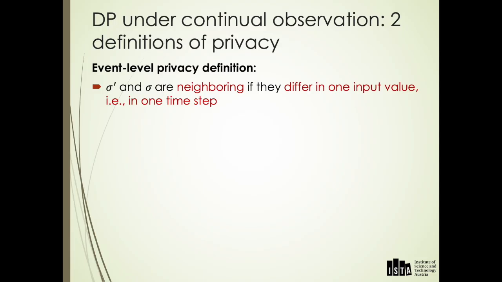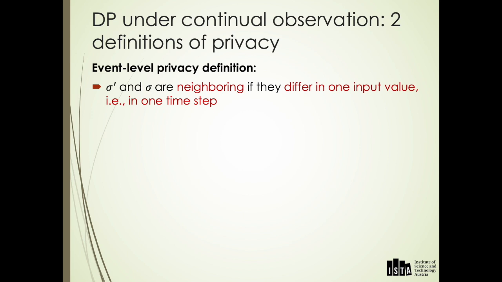Now in differential privacy under continual observation, there are also two definitions of privacy. I'll just show you one, and I'll just mention that there's a second one. This is event-level differential privacy, and that's very similar to what we've seen before. We say sigma and sigma prime are neighboring if they differ in one input value, which means in one time step. In one time step, you can give something else.